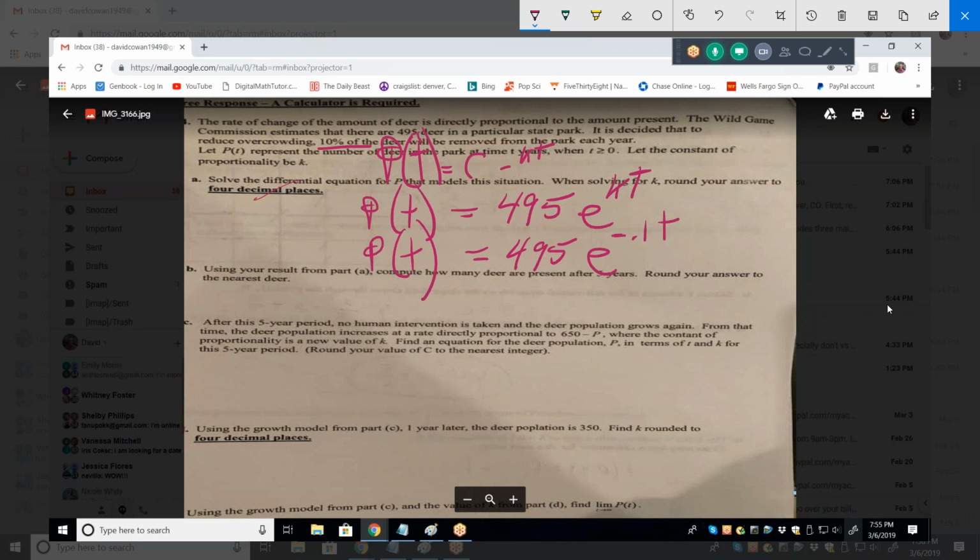And in my book, a very similar problem, you solve for c, which I did.